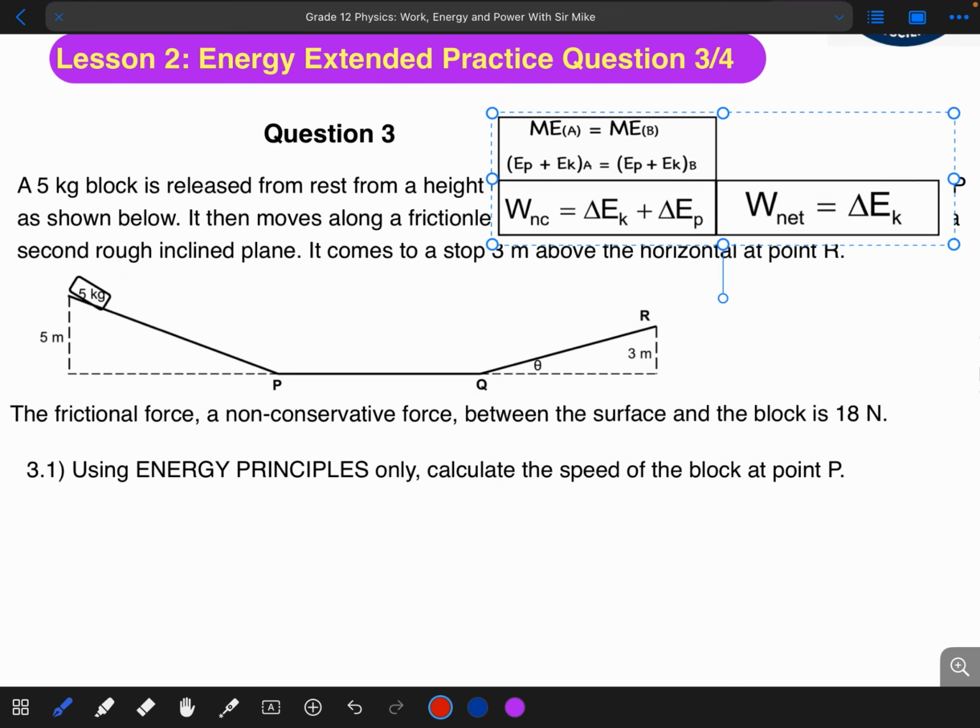Since we do not have friction, no applied force or even tension, we can simply use the mechanical energy. Let me put the starting point as point A. The mechanical energy at point A would be equal to the mechanical energy at point P.